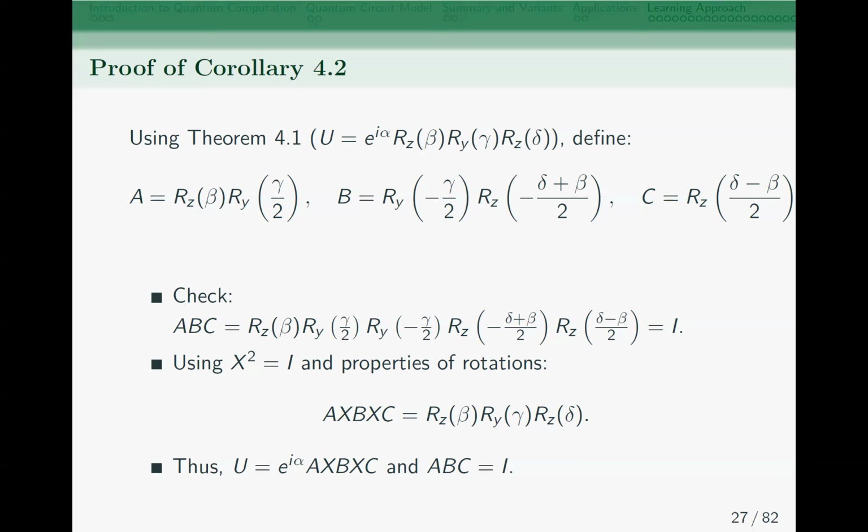Okay, so let me just write it out. So this is A. Maybe you don't know why we need to prove this weird theorem, but the reason will be clear after these slides. So this is X, Z minus.